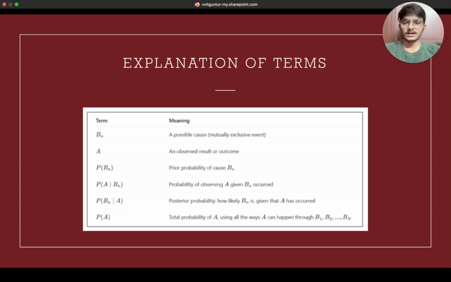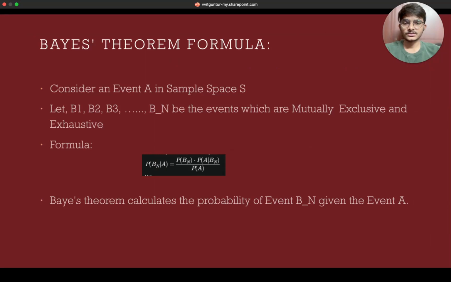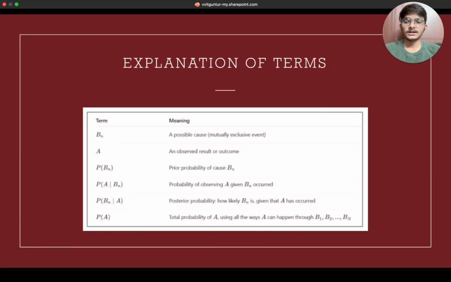Explanation of terms. Now I will explain the terms included in this formula. Bn is a possible cause, the event whose probability we want to find. A is an observed result, the event that has already occurred.